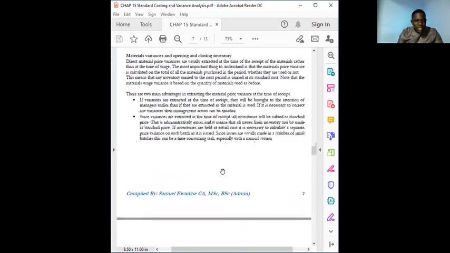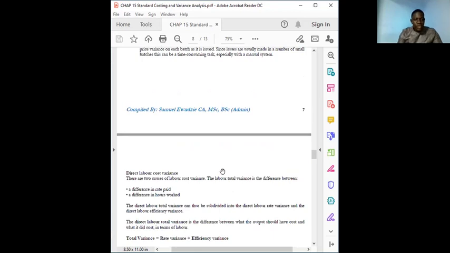That's something that's worthy of note. Now let's look at labor variances. We have direct labor cost variance. There are two causes of labor cost variance. The labor total variance is the difference between a difference in the rate paid and a difference in hours worked.